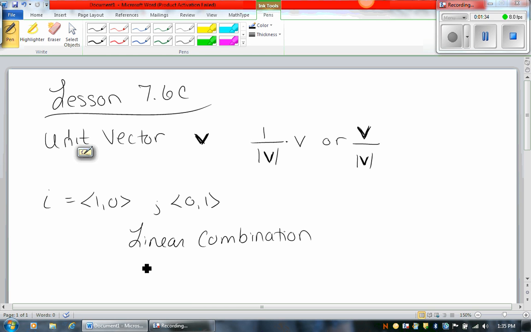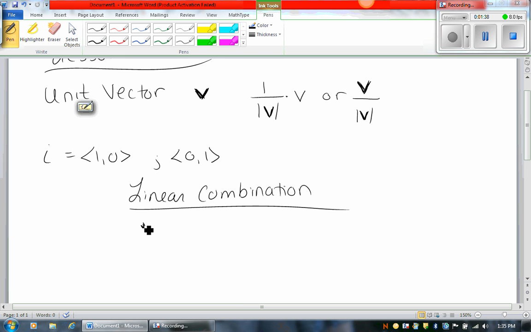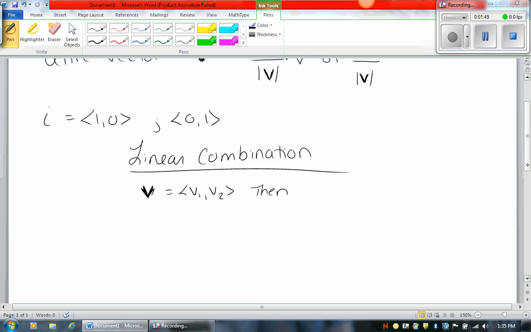Okay? So, for example, let vector v equal v sub 1 and v sub 2. Then in terms of this linear combination, we can look at vector v broken up into two components: v sub 1, 0, plus 0, v sub 2.